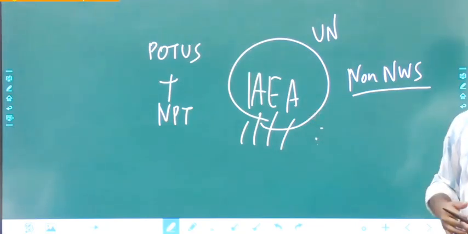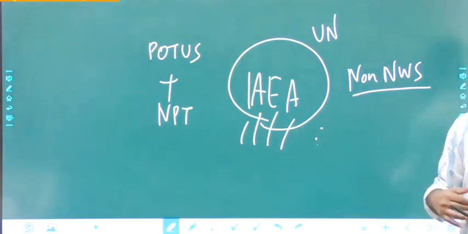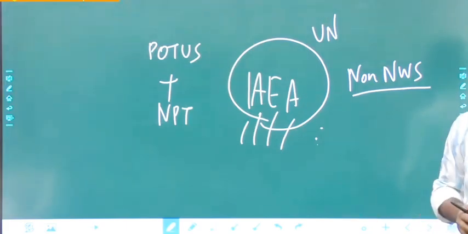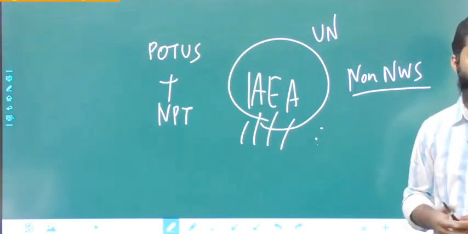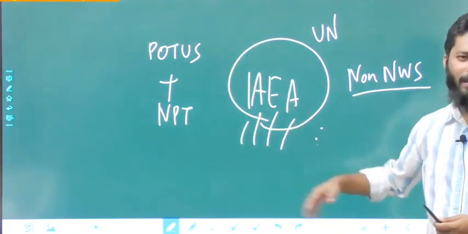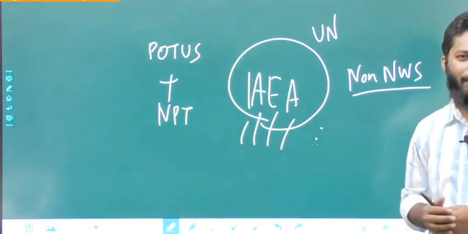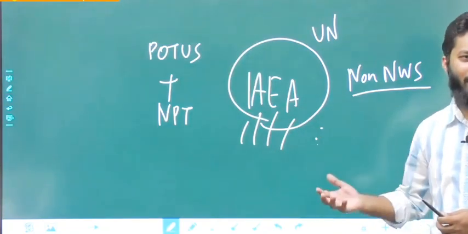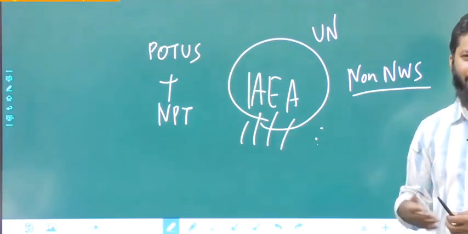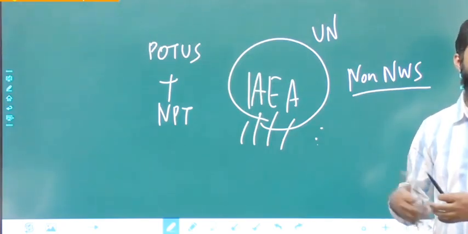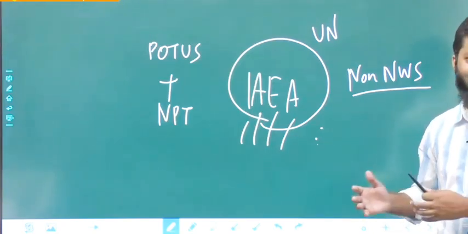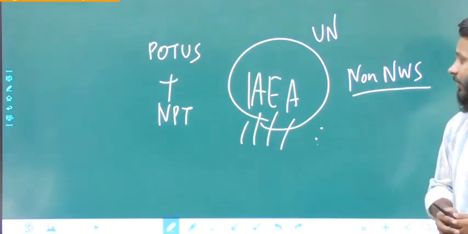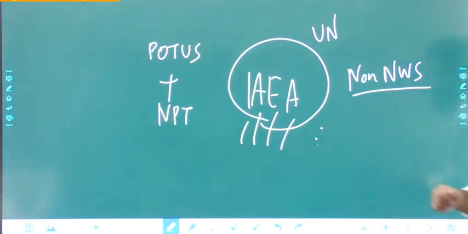It shall not acquire nuclear weapons under the provisions of the NPT, but it was pursuing some nuclear weapon programs. So the IAEA came to know that. They went there, carried out a massive investigation, and then they unearthed the nuclear weapons program in Iran.